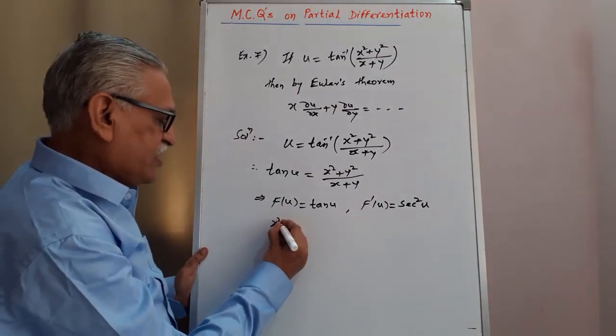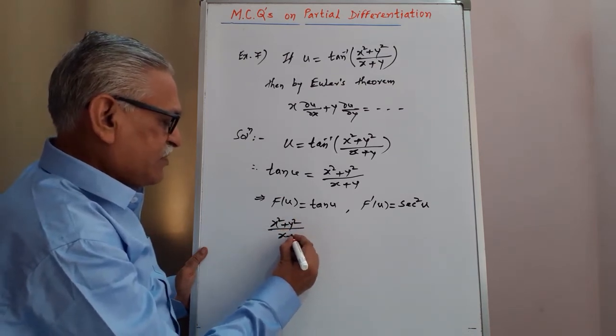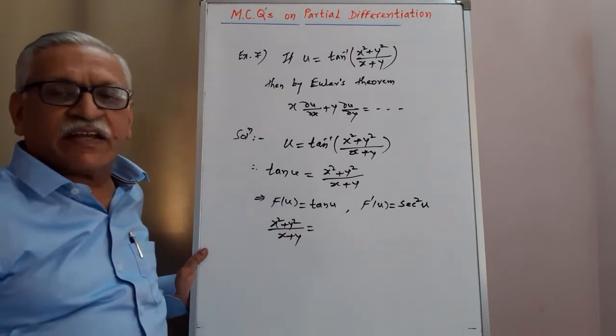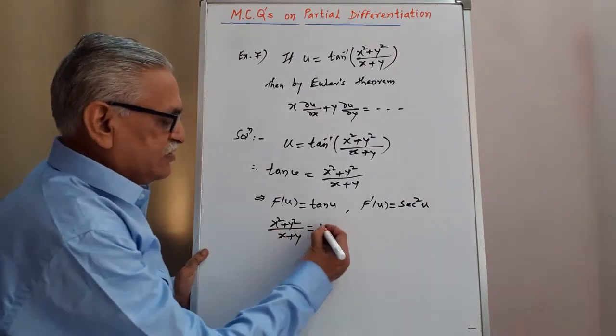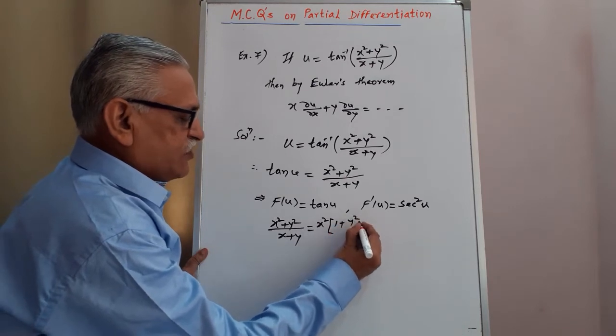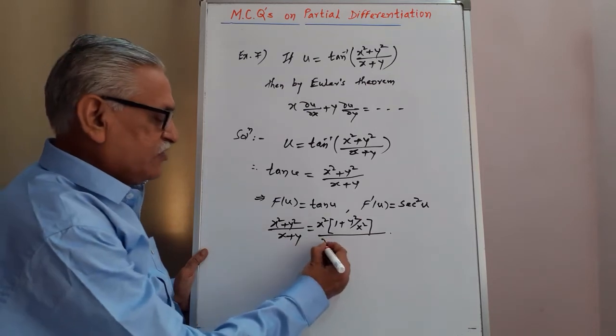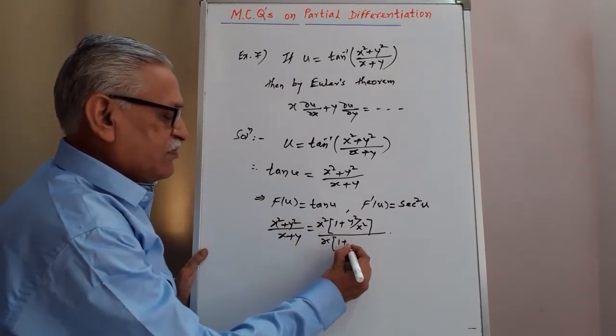For that we consider x square plus y square divided by x plus y. Taking x square common from the numerator, we get 1 plus y square by x square. Taking x common from the denominator, we get 1 plus y by x.